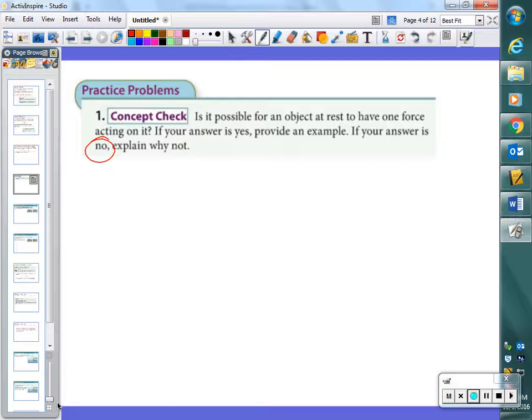Because forces cause acceleration. What we will get into later this week, and actually we'll talk about it today, is the combined effect of several forces. And that's something that we call a net force. And that's going to be an important concept moving forward here.